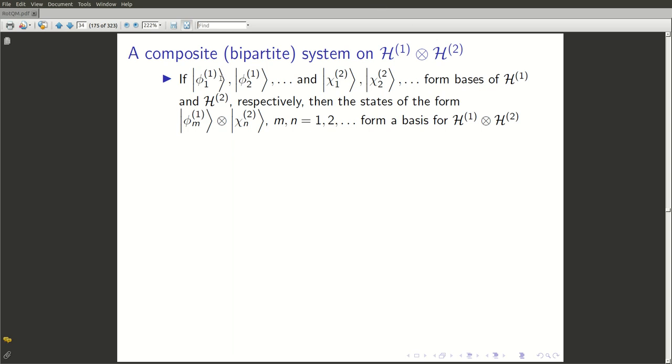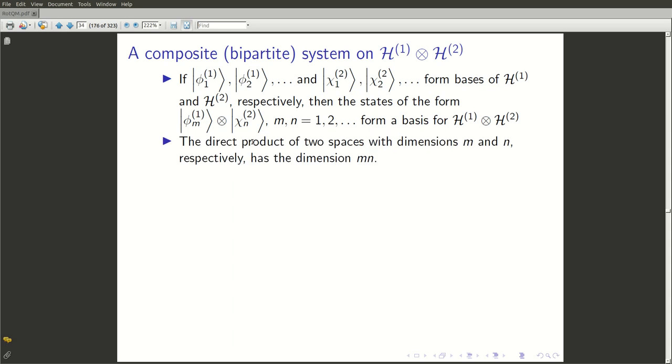You take the direct product of any one of the states from the basis of H1 with any one of the states from the basis of H2, and take all possible such direct products, and you get a basis for H1 ⊗ H2.